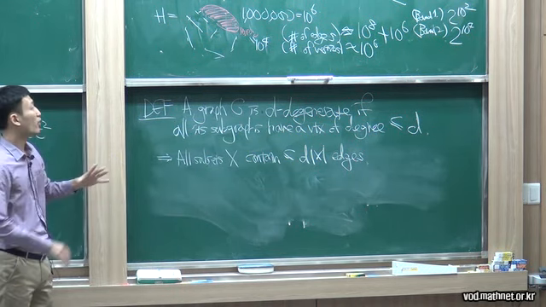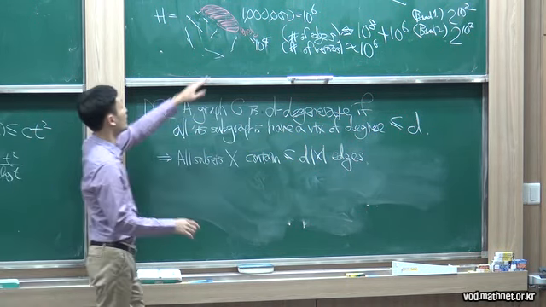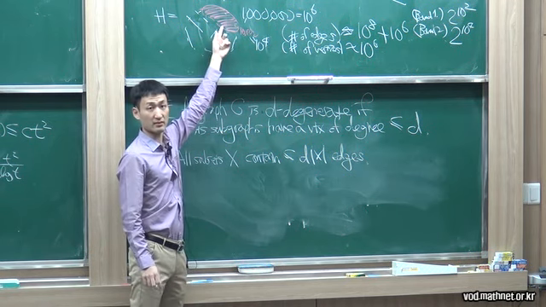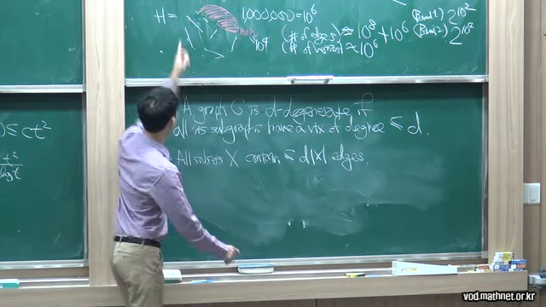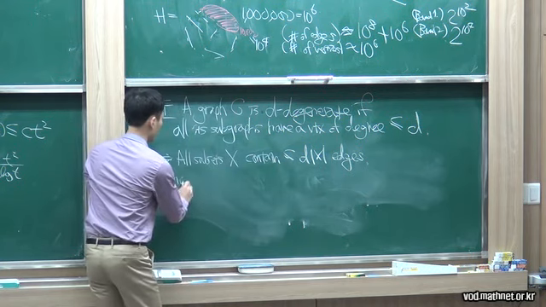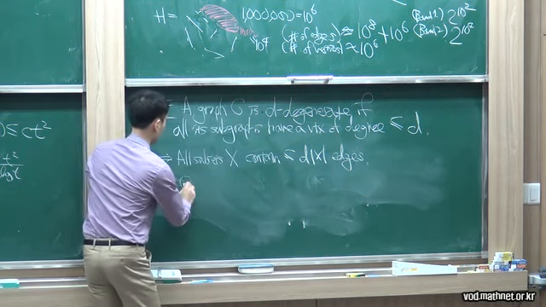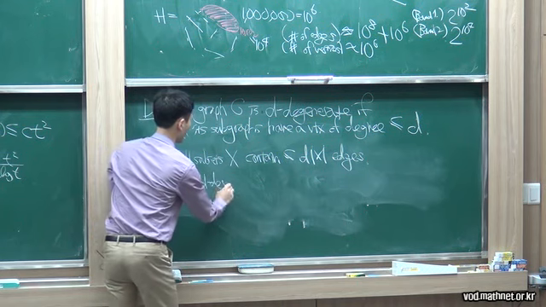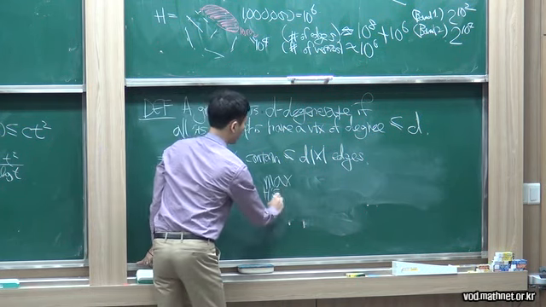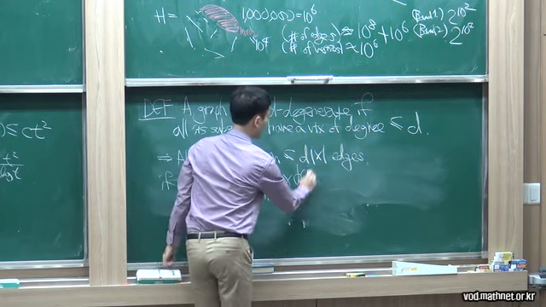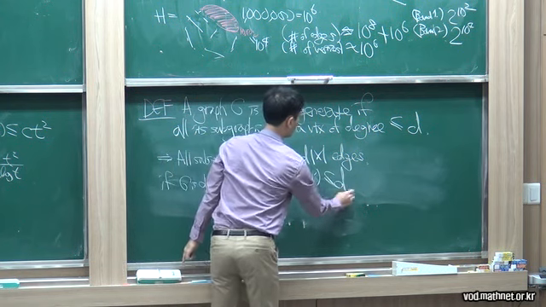So what this means is that the whole graph is extremely sparse, and there is no dense component like this. Because really, if G is d-degenerate, then the maximum over all its subgraphs H' of d(H') is actually at most d.